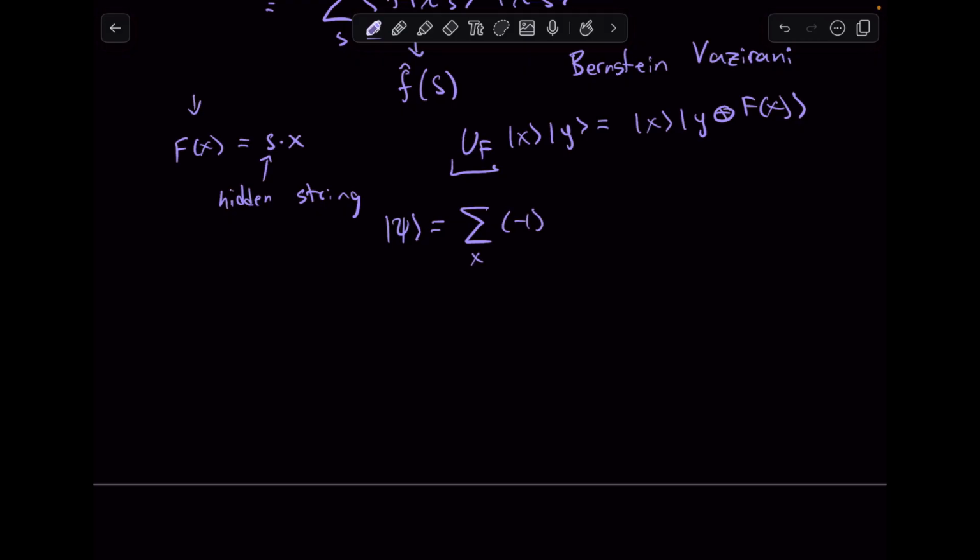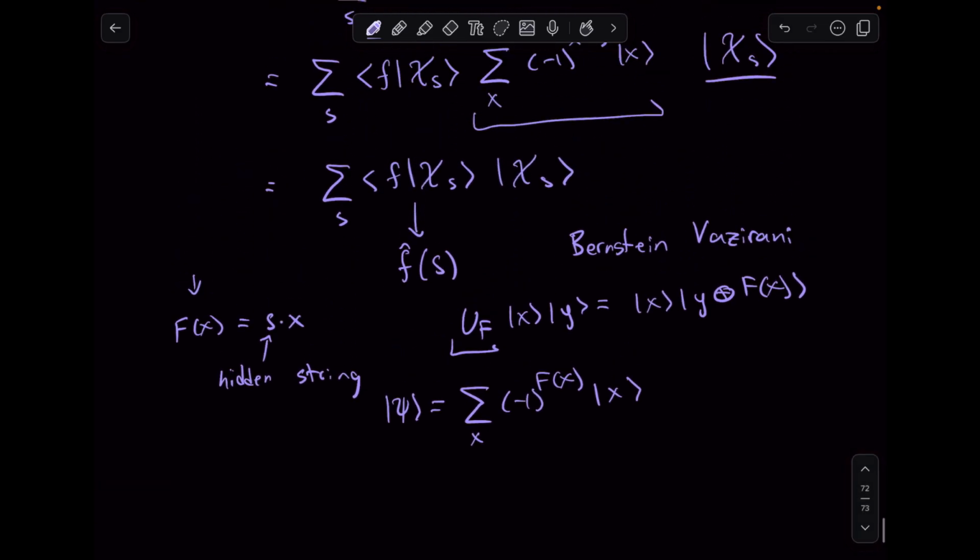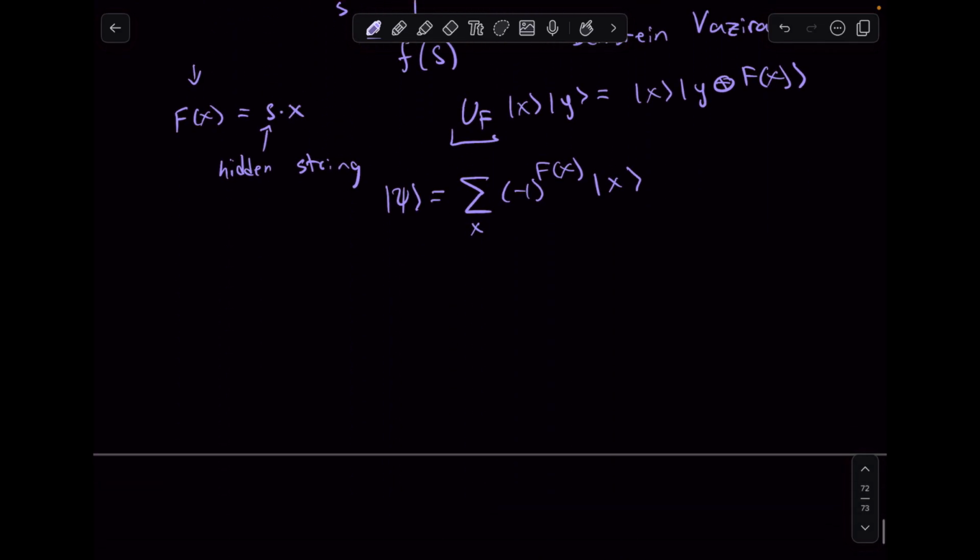And psi is this state. So you can encode the value over the entire truth table of f of x into these signs of this superposition. And from the work that we just did with all of these chi's, it should be clear that this is chi of s.